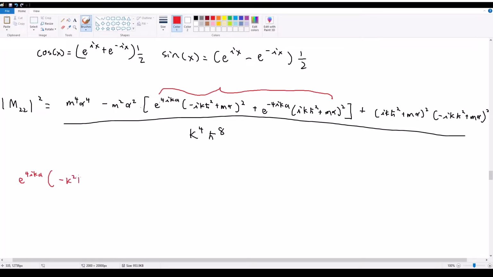Negative k squared h bar fourth minus 2i k h bar squared m alpha plus m squared alpha squared, and then plus e to the negative 4ika multiplied by negative k squared h bar fourth, and then this time plus 2i k h bar squared m alpha, and then plus m squared alpha squared.